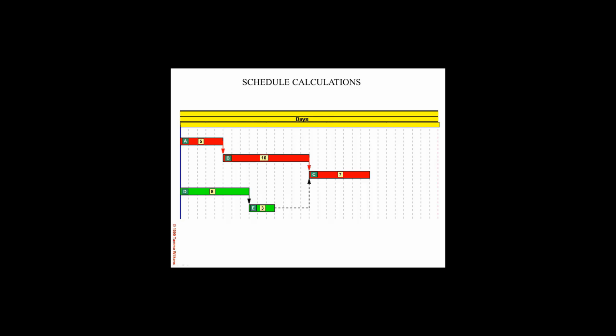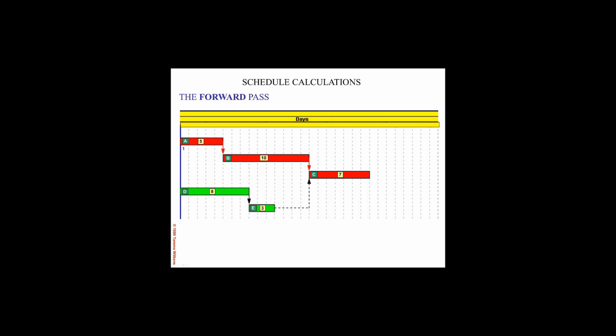The computer starts to calculate and looks at day number 1, the first day in the schedule. It determines that there are 2 activities that have no predecessors, activities A and D. For activity A, it says the start date must be day number 1, because that's as far to the left as it can slide.